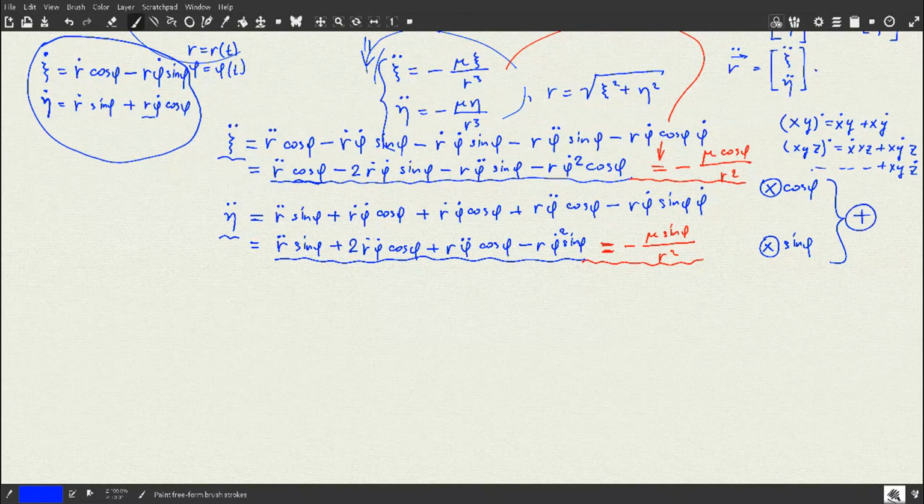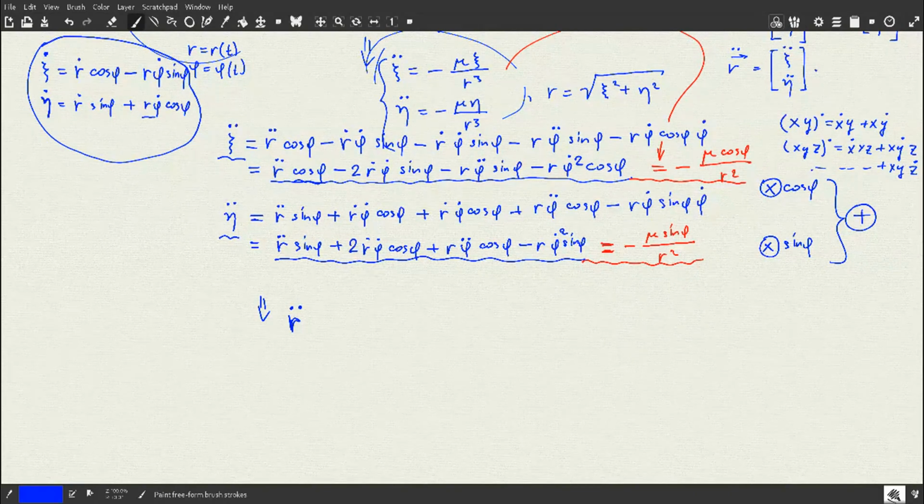What do we get? Maybe it's easy if we write it. Okay, in the first term, it would be r double dot cosine squared phi, r double dot sine squared phi. When we add them together, we just get r double dot, because the first one is multiplied by cosine phi, the second one by sine phi.